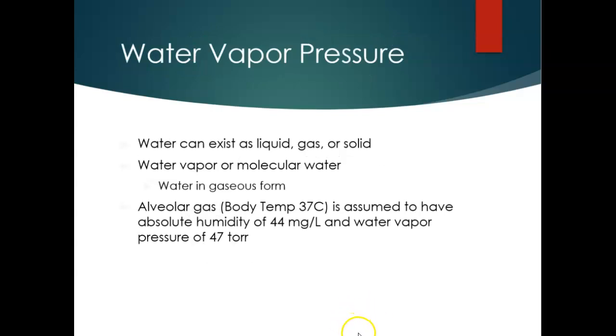So again, water vapor is considered molecular water, so that is going to be part of that total partial pressure, or has to be factored into that total partial pressure.